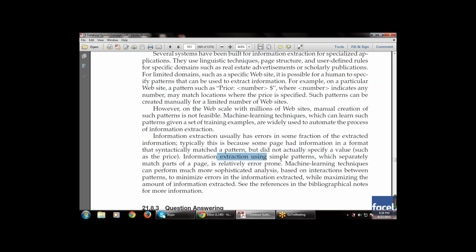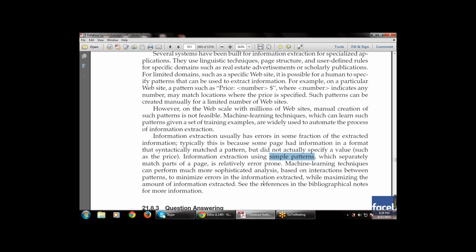Information extraction using simple patterns which separately match parts of the page is relatively error prone. Machine learning techniques can perform much more sophisticated analysis based on the interaction between the patterns.